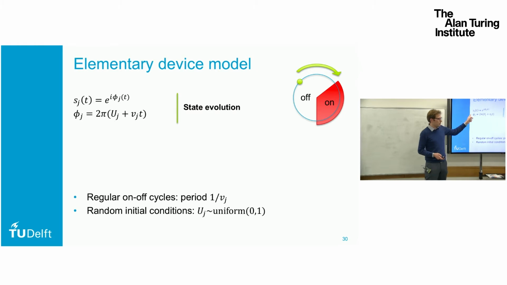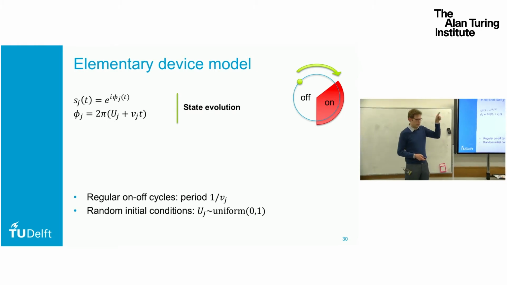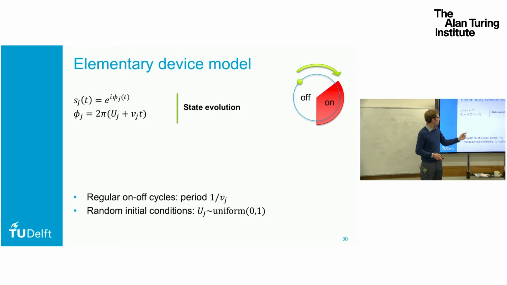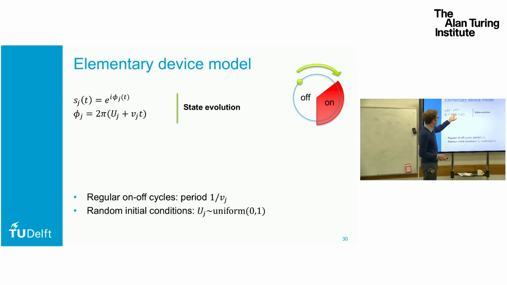So we say, let's take an elementary device model, which is just a complex circle state, right? So we have a state as a function of time that evolves with some fixed velocity. Might also make that stochastic if you want to, and some random offset, right? So it just spins around, right?